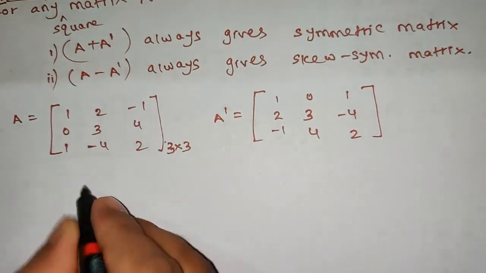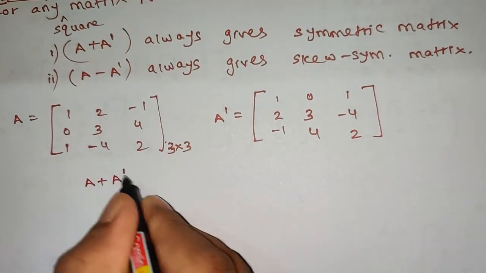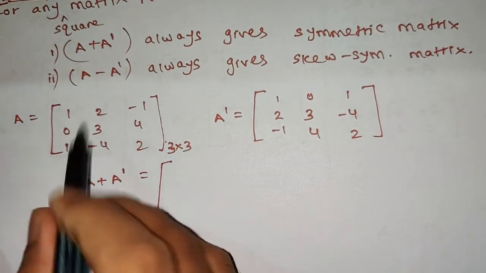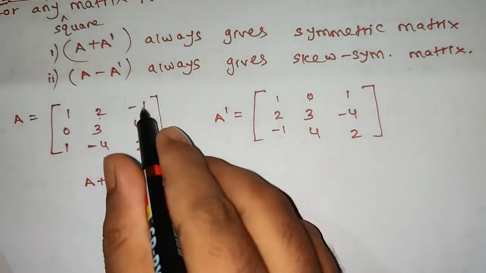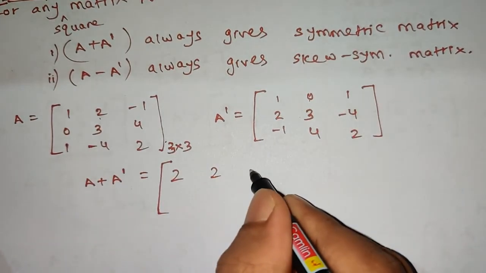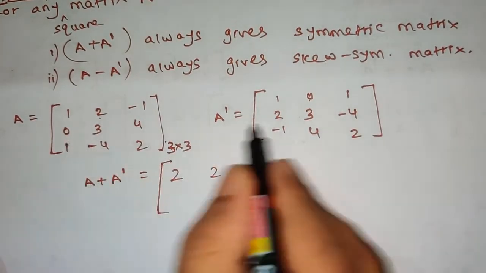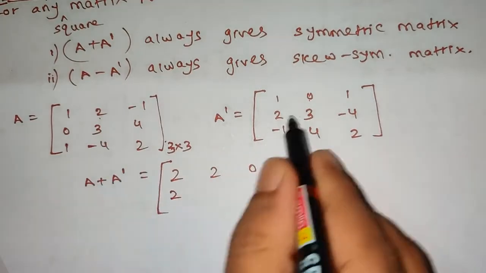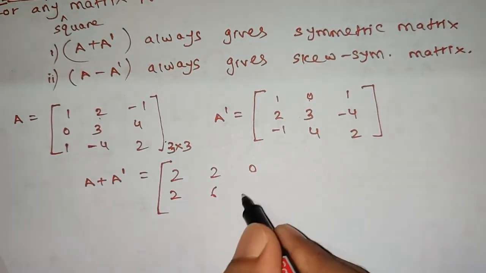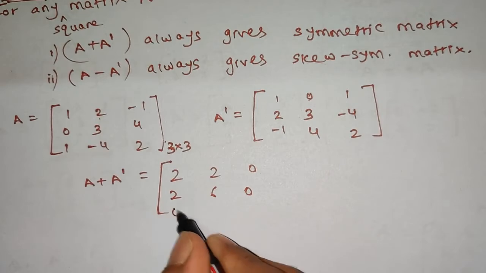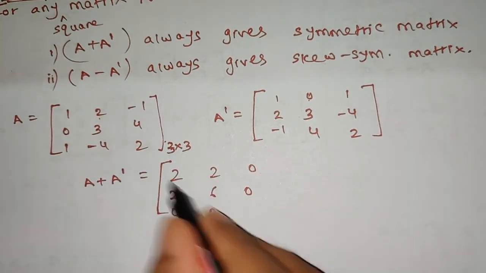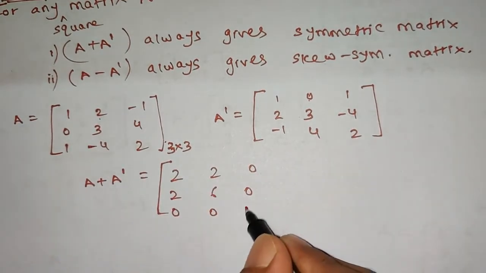Now when I add these two, A plus A transpose, what I get is 1 plus 1, that is 2, 2 plus 0, that is 2, minus 1 plus 1, that is 0. 0 plus 2, that is 2, 3 plus 3 is 6, 4 plus 4 is 0, wait, 4 minus 4 is 0, 1 minus 1 is again 0, minus 4 plus 4 is again 0, and 2 plus 2 is 4.